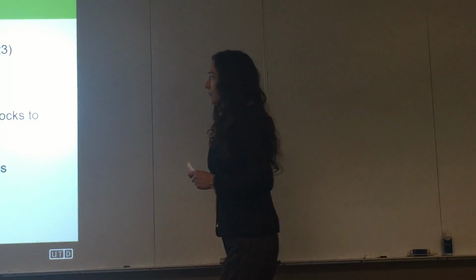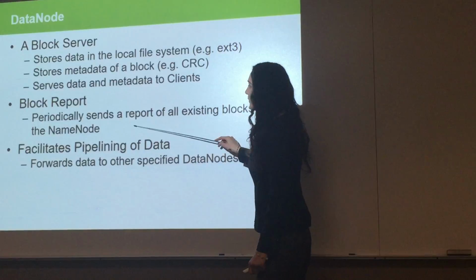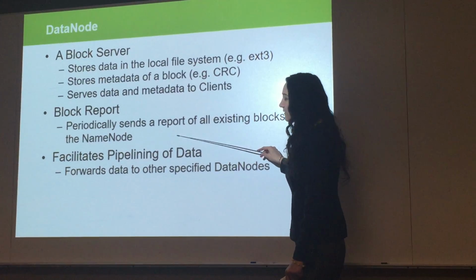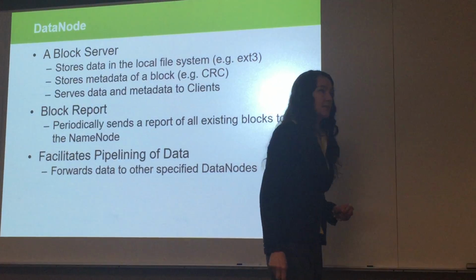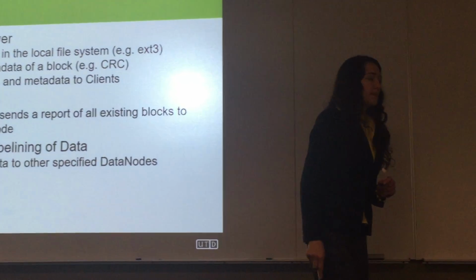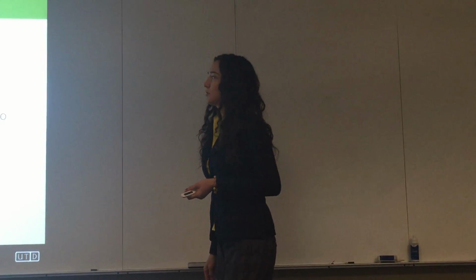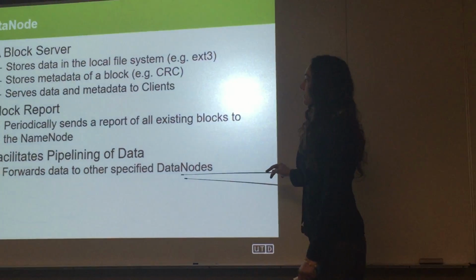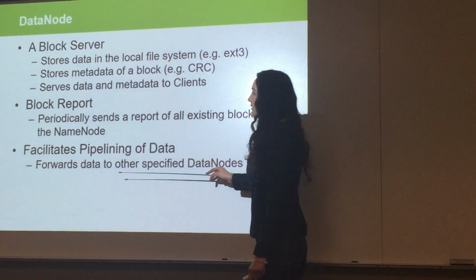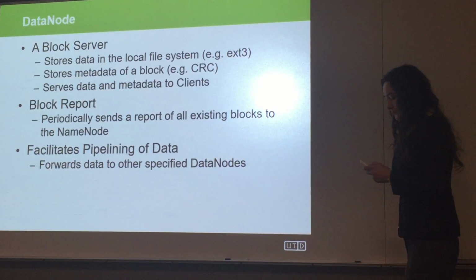DataNode also does a block report. So periodically it will send a report for the blocks that it has to the master, to the NameNode. And this way, if anything changed, the NameNode has to be notified. It also forwards data to other specified data nodes.